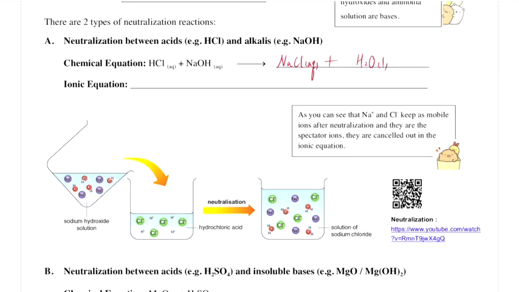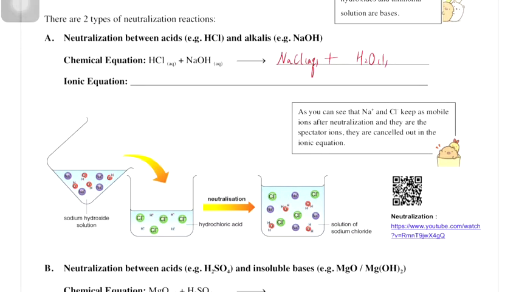They do not change in the reaction. So the ionic equation only includes the ions that have changed in the reaction. For this one, it should be the hydrogen ion reacting with the hydroxide ion, which gives you a water molecule. Remember to write the state symbols.